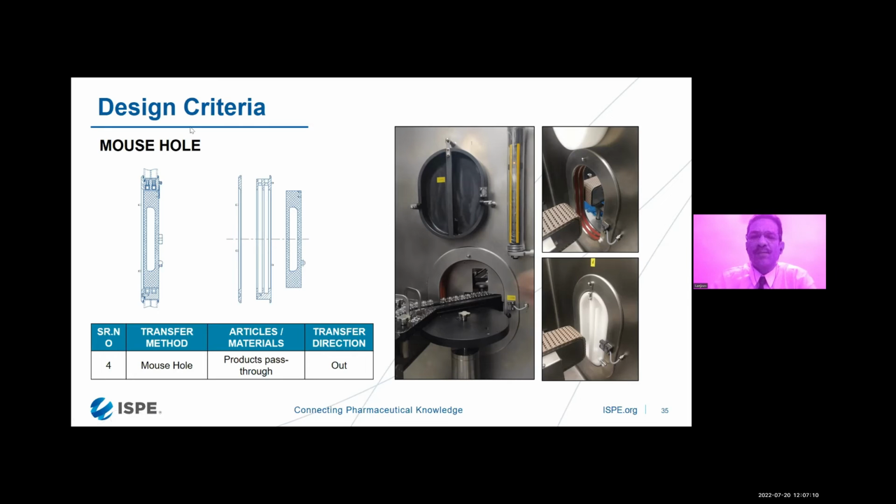So the mouse hole is the most important design, because it has to be as small as possible so that we can maintain the overpressure, and at the same time the inner surface of the mouse hole has to be properly VHP sterilized. So you will have to design proper enclosures or closures for these mouse holes.